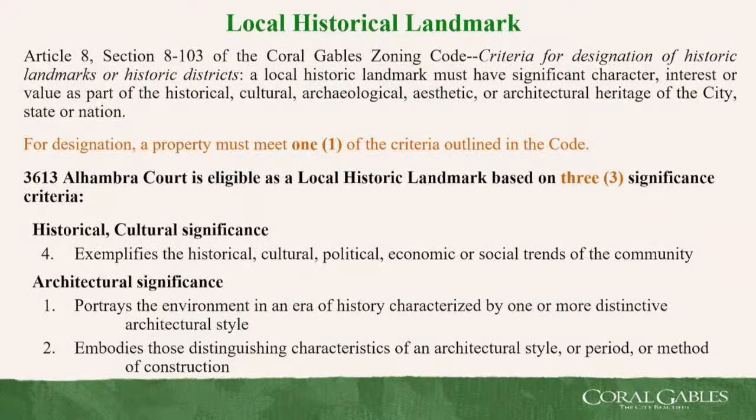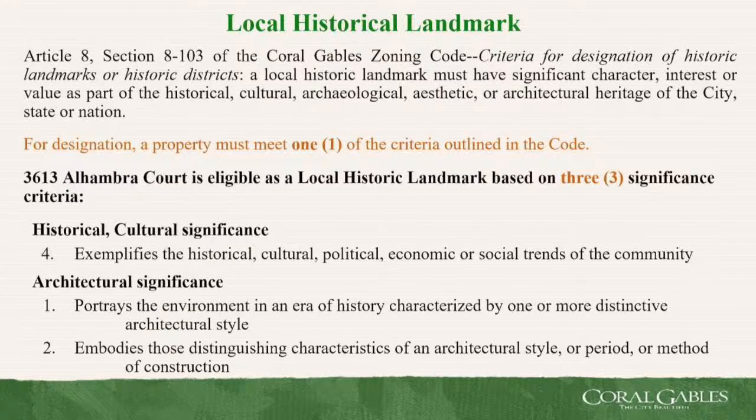As per Article 8, Section 8-103 of the Coral Gables Zoning Code, criteria for designation of historic landmarks, a local historic landmark must have significant character, interest, or value as part of a historical, cultural, archaeological, aesthetic, or architectural heritage of the city, state, or nation. For designation, a property must meet one of the criteria outlined in the code.